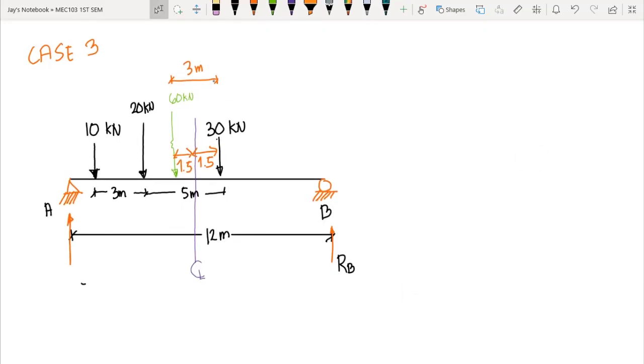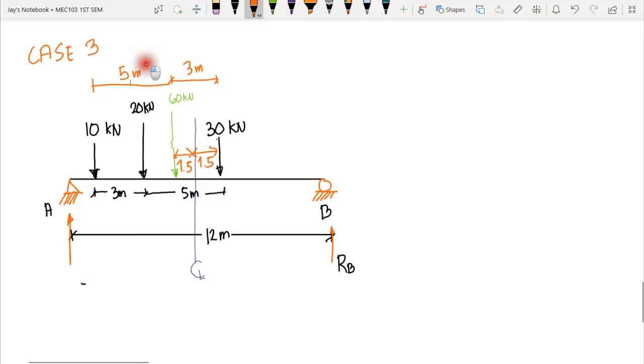Okay, now let's check if our 10 kilonewton load here is still within the beam. Okay, so we add, since we know that the distance between the 10 kilonewton load to 60 kilonewton is 5 meters, correct?